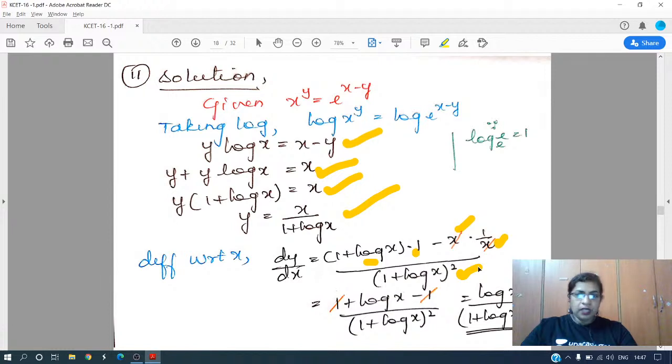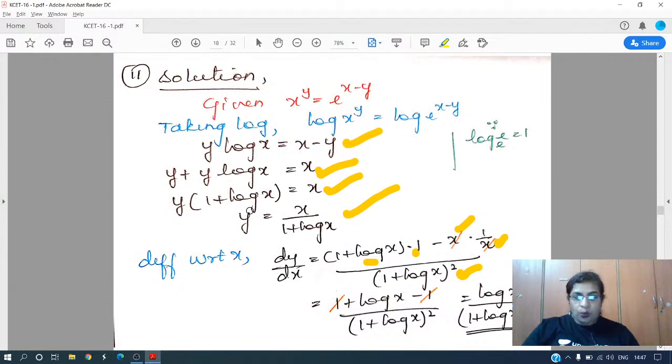Okay? Yes. So that is 1 plus log x minus 1. So plus 1 minus 1 cancels. So therefore it is log x by 1 plus log x the whole square.